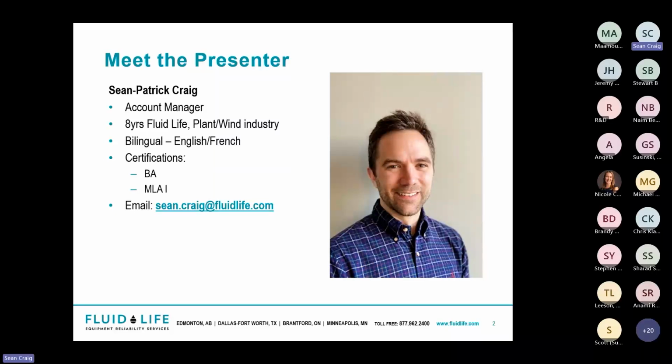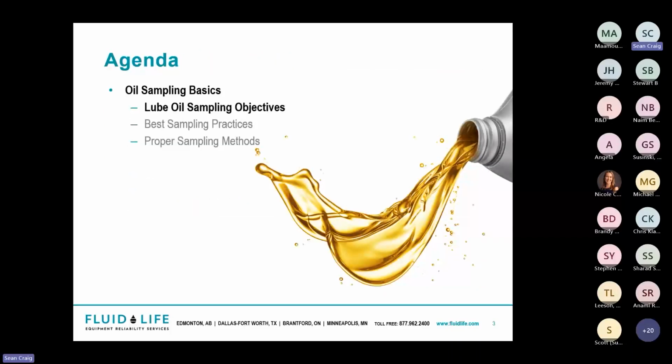So let's quickly walk through what we'll be covering today. On our agenda, we'll start by looking at the objectives of lube oil sampling: why we do it, what insights we aim to gain, and how it supports equipment health monitoring, whether the component itself or the order of the oil.